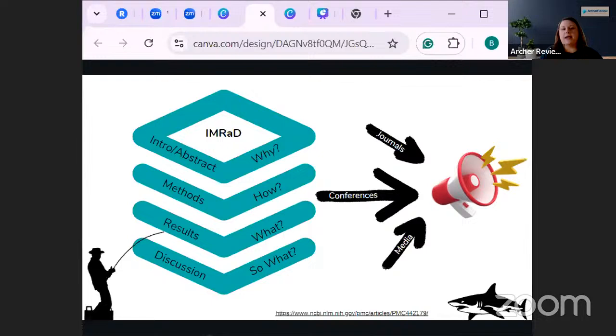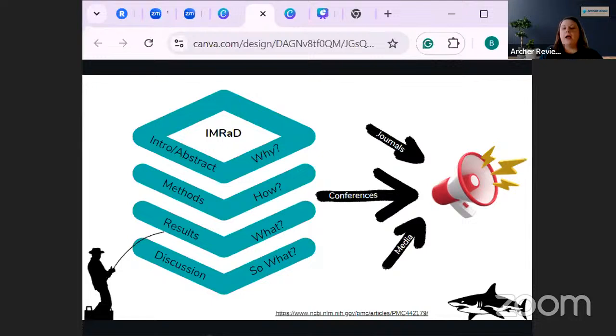Some of the things we use in today's world are conferences, textbooks, journal articles, and maybe, like right now, the media to get out information. A lot of times these are mainstream ways, like public service announcements when the flu shot comes out. That's how we can disseminate information to the masses.